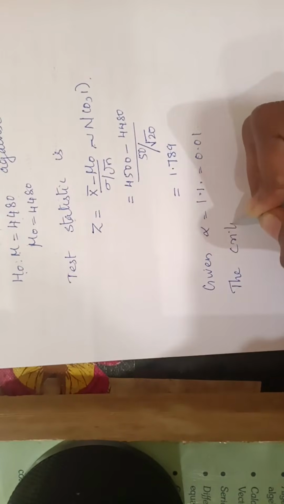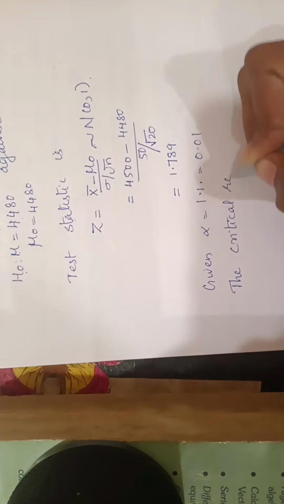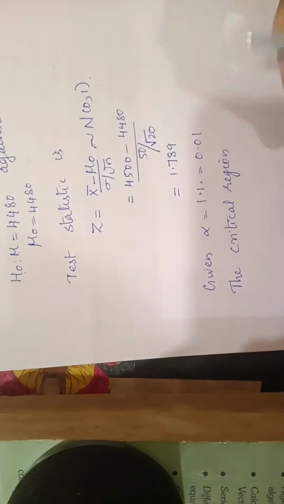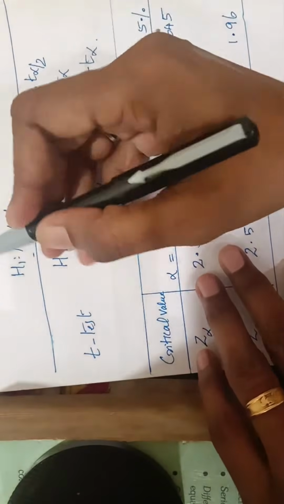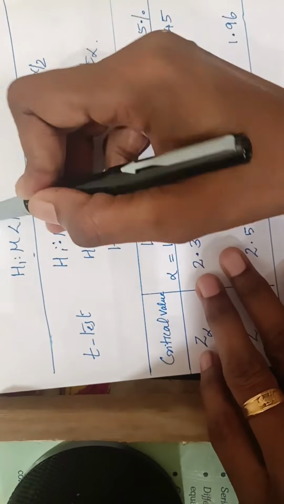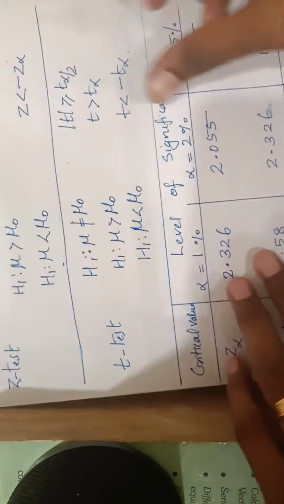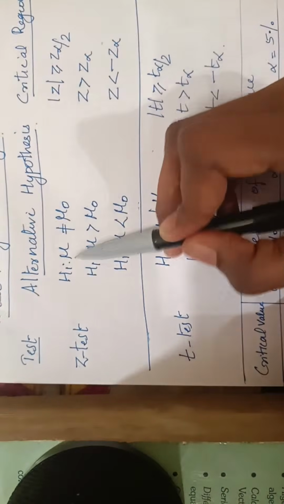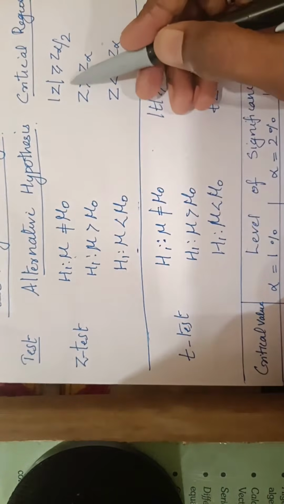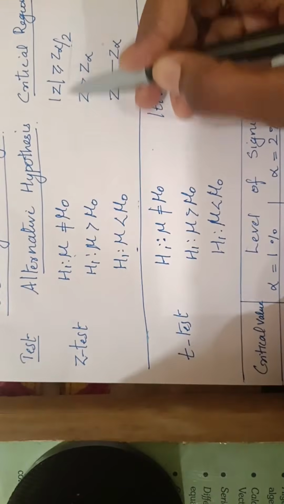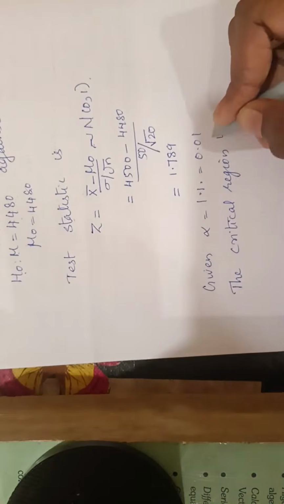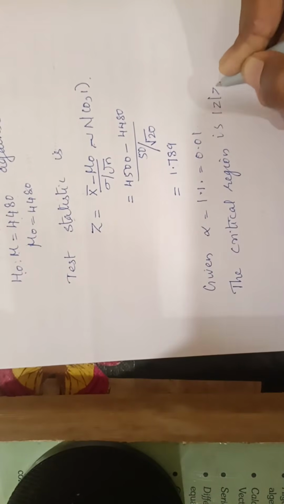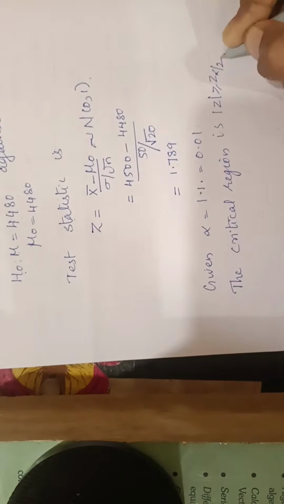In the last class we discussed that if H1: mu not equal to mu naught, our critical region will be modulus z greater than or equal to z alpha by 2. So our critical region is modulus z greater than or equal to z alpha by 2.